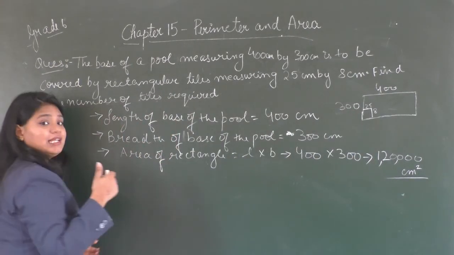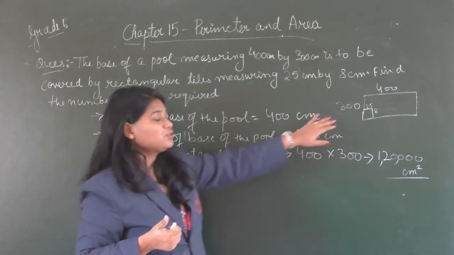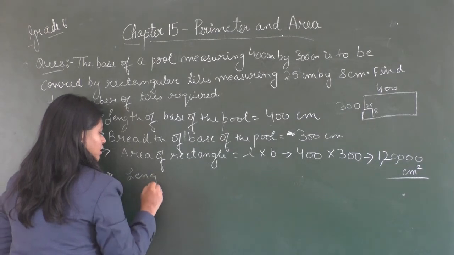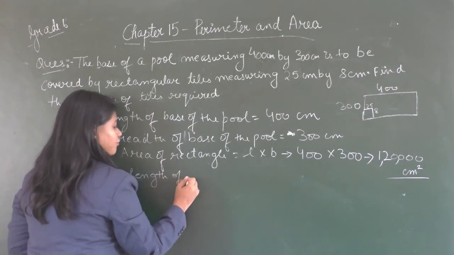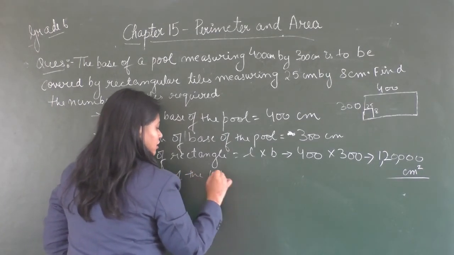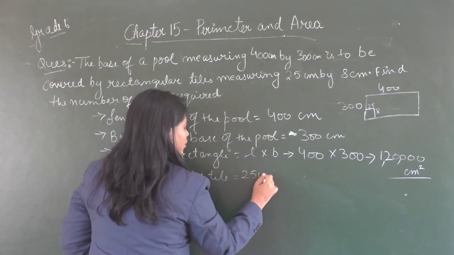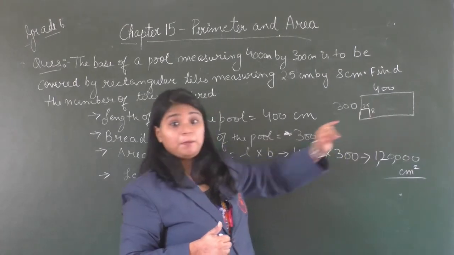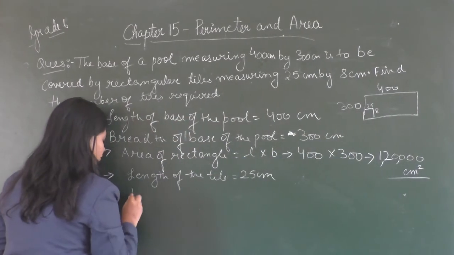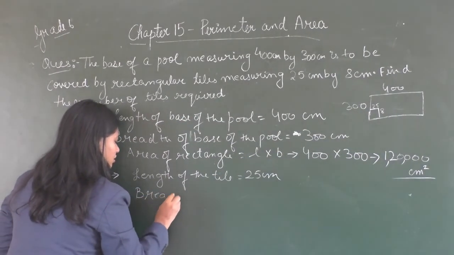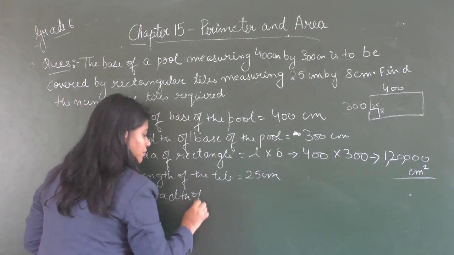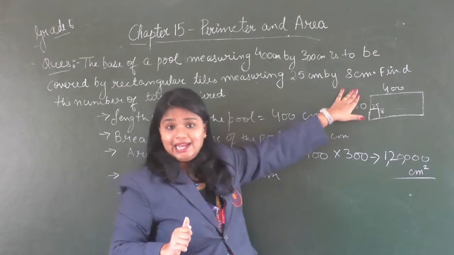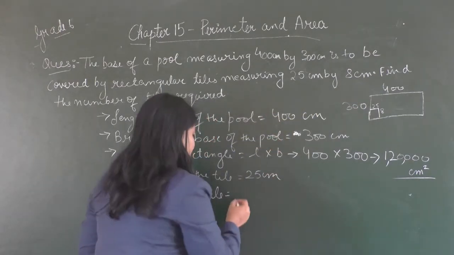Now let's calculate the area of the tile. So we know that length of the tile is equal to 25 centimeters. So I will mention length of the tile is equal to 25 centimeter. Next statement, that is the breadth of the tile. So I will write breadth of the tile is equal to 8 centimeter, that is also mentioned in the question.